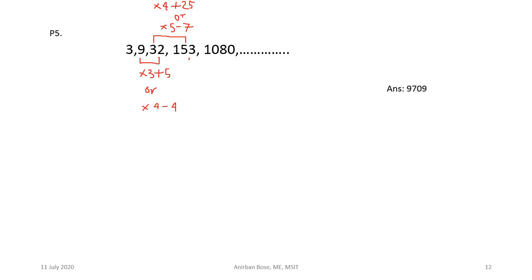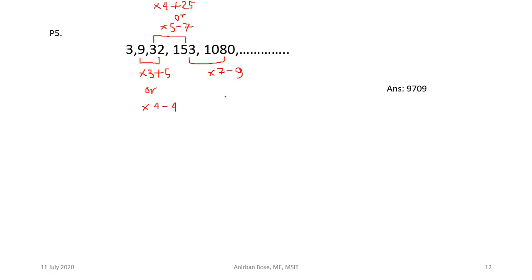So next you see 153 to 1080. So this is around 7, right? Multiplied by 7, that is 1089, so minus 9.